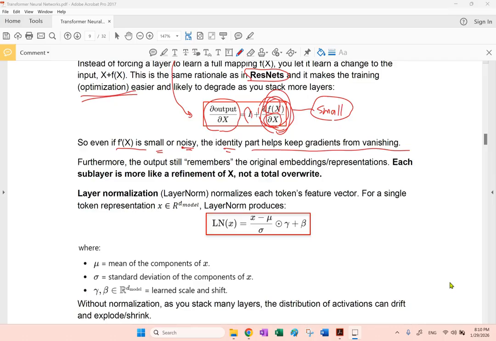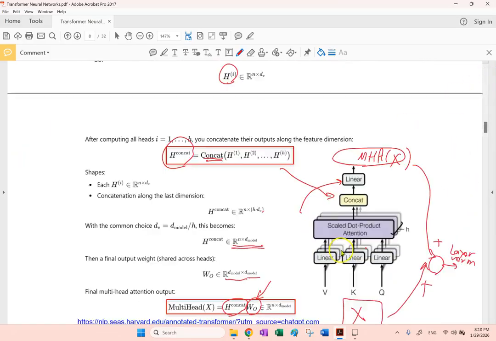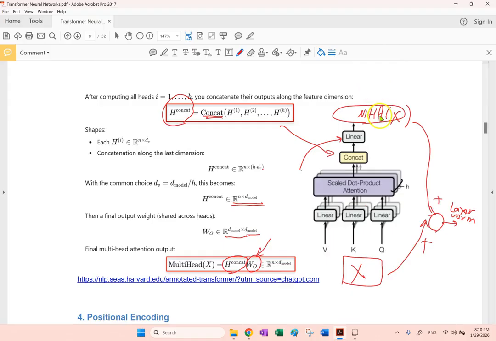If you want to explain it in very plain English, this is how you do it. By adding this input to the output, this add layer is not going to completely replace the input by the output, right? It's not just going to get the input and replace it by output.